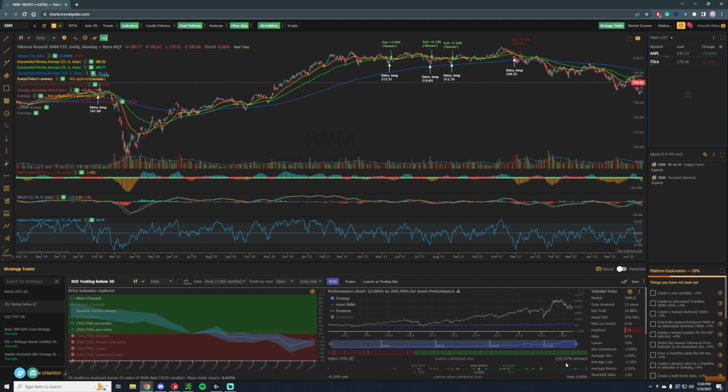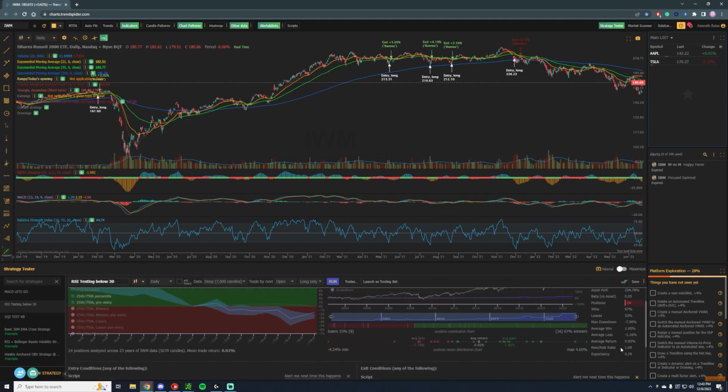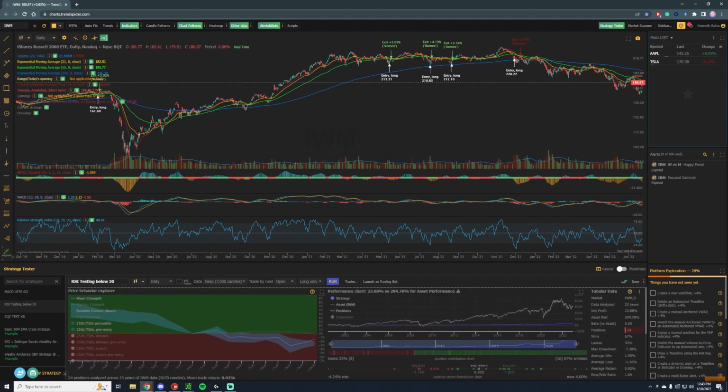The Russell's a little bit more stagnant, not the highest win rate, but it did make a pretty substantial return, over 1% average return, with an occurrence of 24 times over 23 years. So again, at least once a year this occurs. This is going to be your main bread and butter kind of strategy.